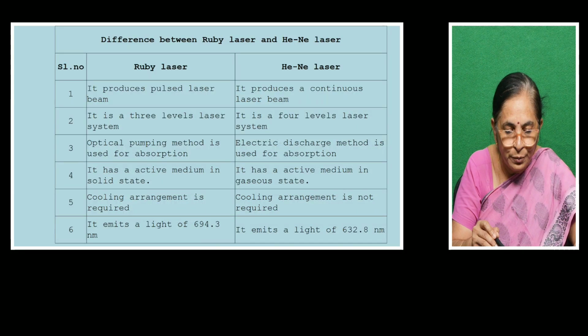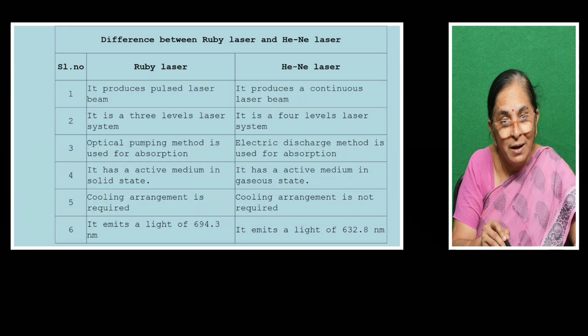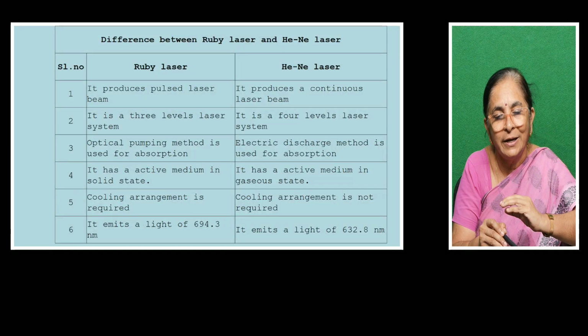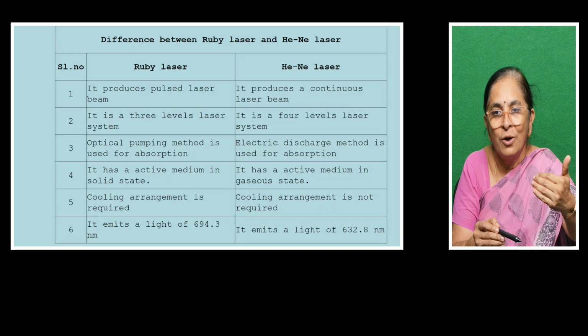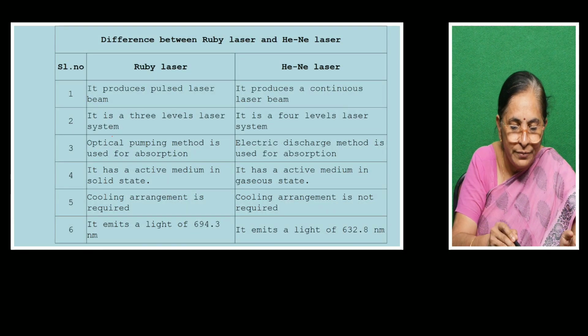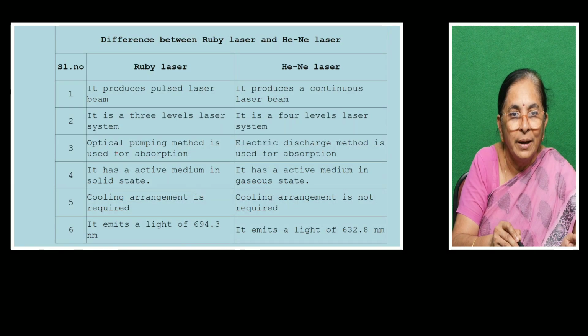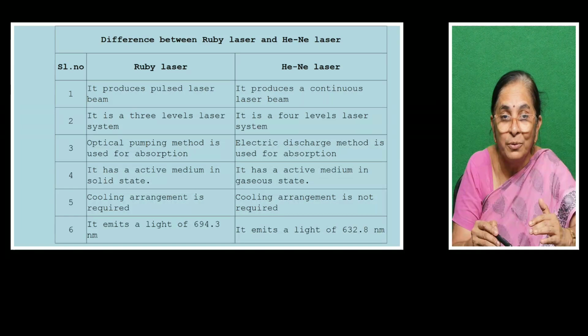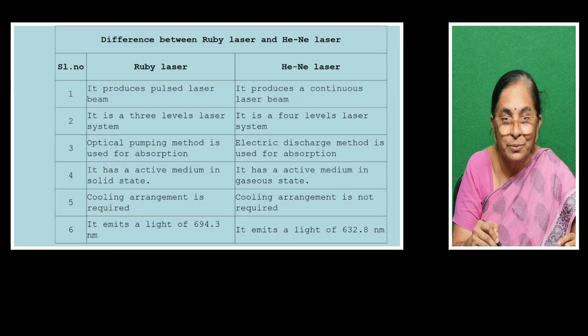And then in the ruby laser, we use optical pumping. Pumping means some energy we are supplying so that the atoms from the ground level can go and occupy the higher energy level. Here we use a xenon flash lamp. When you put on a xenon flash lamp, a high amount of heat energy is released, so to keep it cool we have to supply a cooling arrangement.